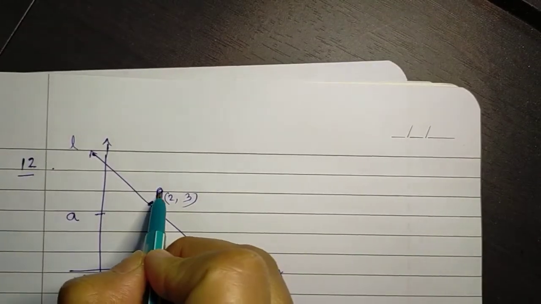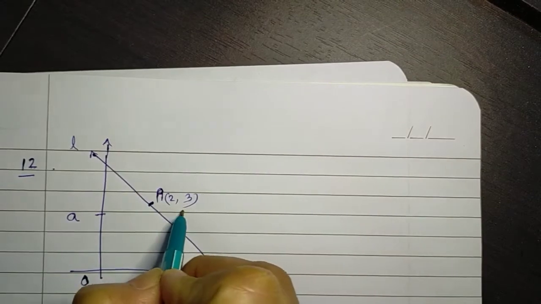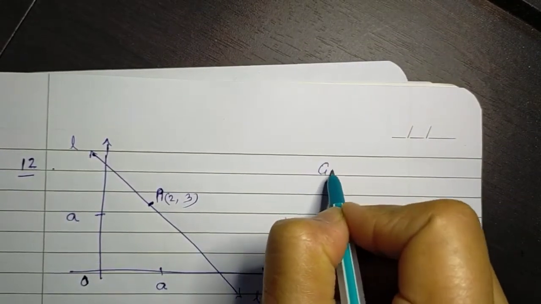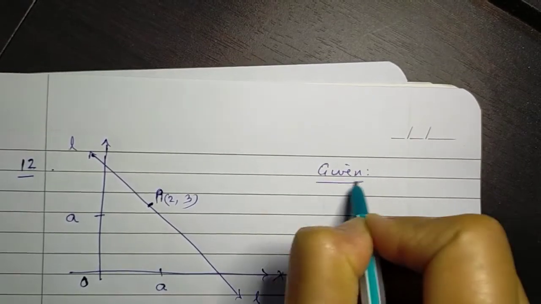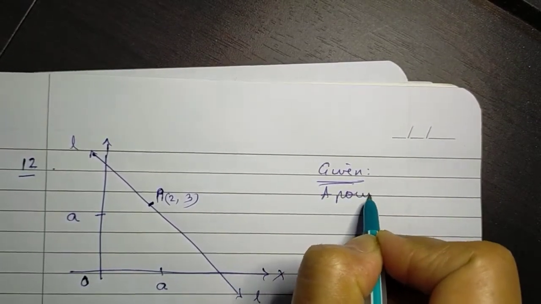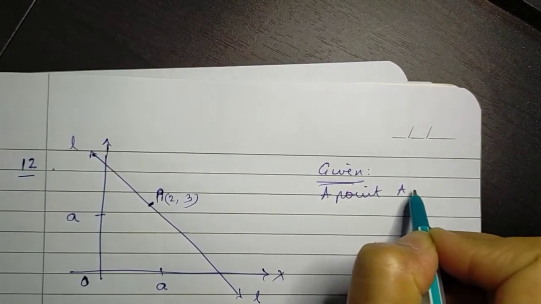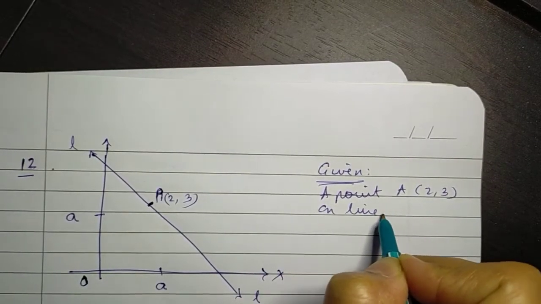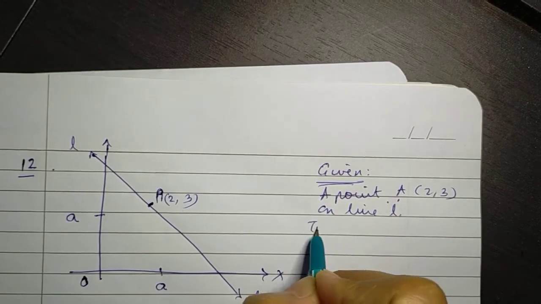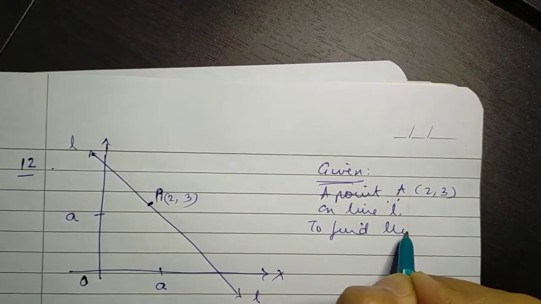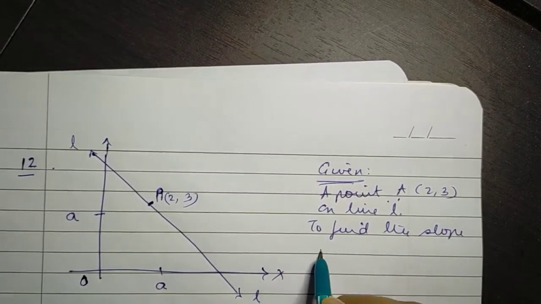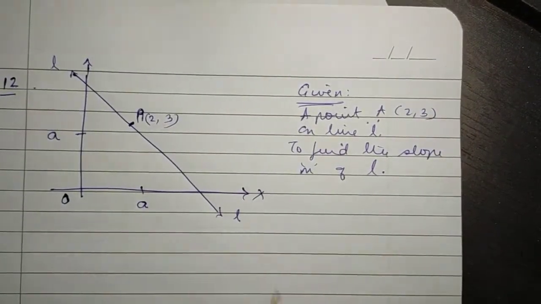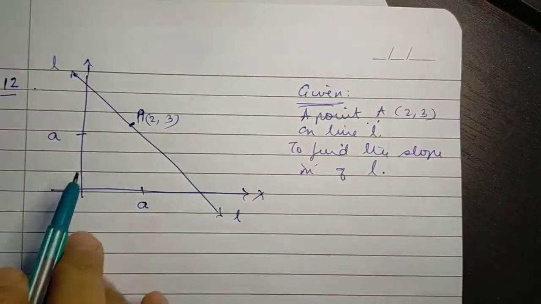Now we already know one point which is given to us. So given a point A 2 comma 3 on line L, we need to find the slope m of L. Now in order to find the slope m of L, what are we given?